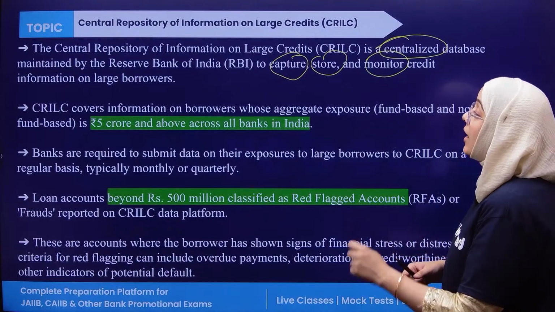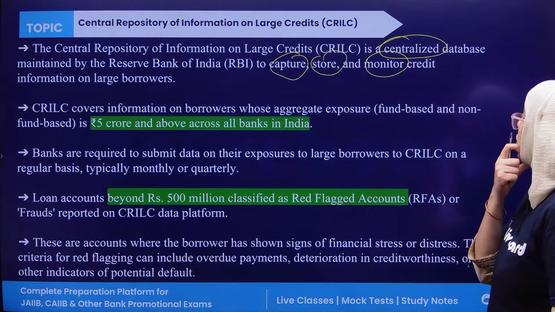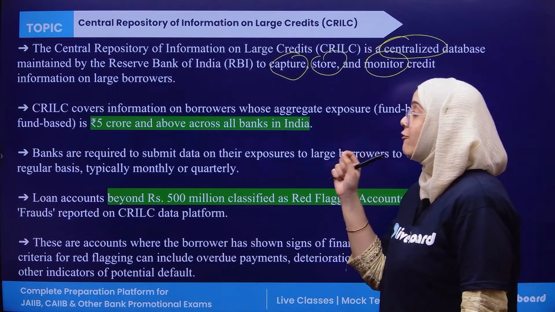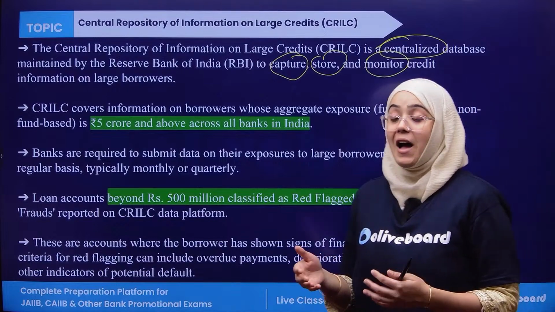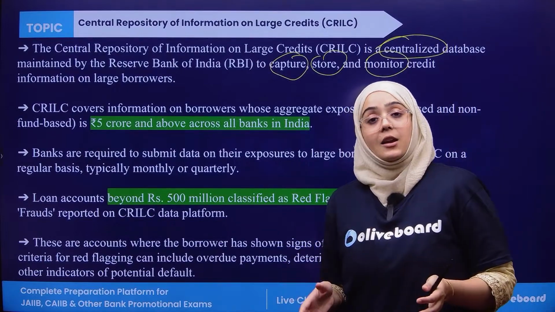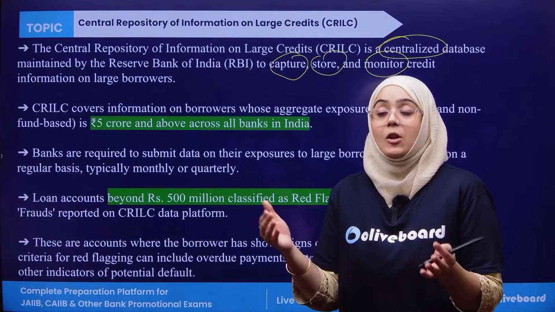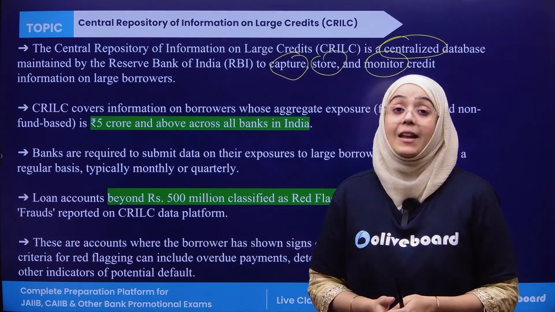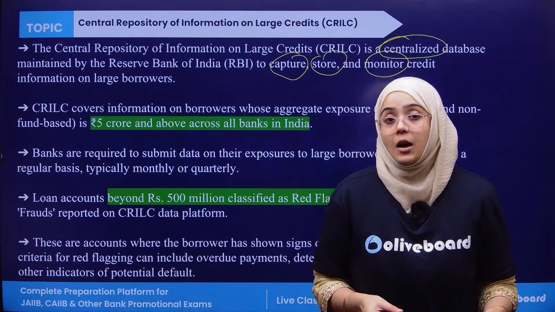Okay, second, CRILIC covers the information of those borrowers who have an exposure of 5 crore and above across all banks in India. Means if you have taken loans whose aggregate amount is 5 crore and above from every bank, for example you have taken loans from 3 or 4 banks and your aggregate amount is 5 crore and above, you are in the category of the large borrower.